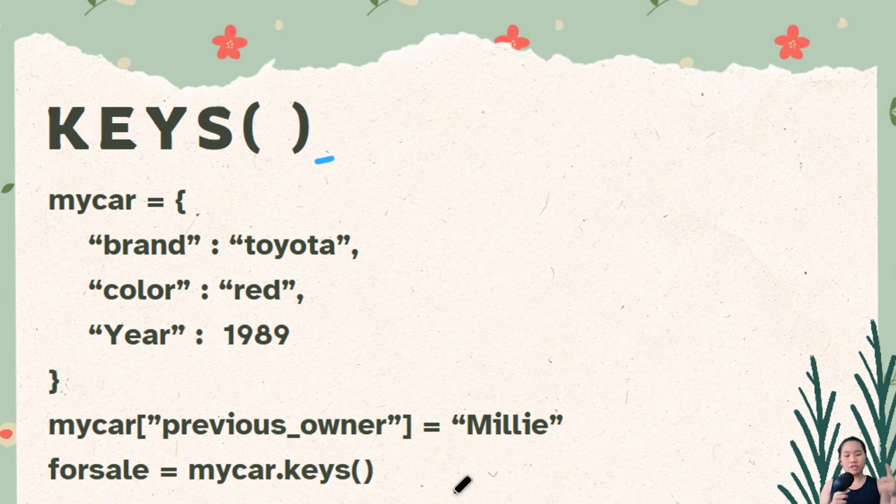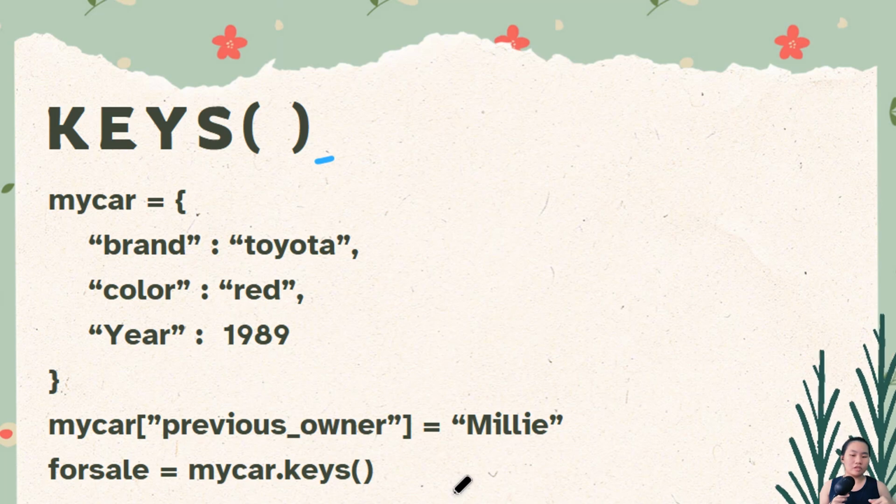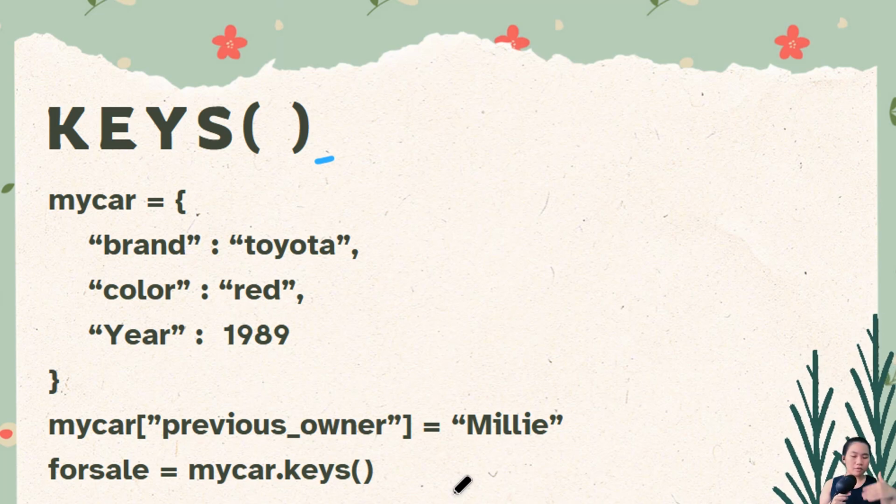If you make any changes either to the key or to the value, the methods would update every time we print it out. Now, obviously, you have to put the changes before the method statement. Otherwise, it's just going to give you the old dictionary.